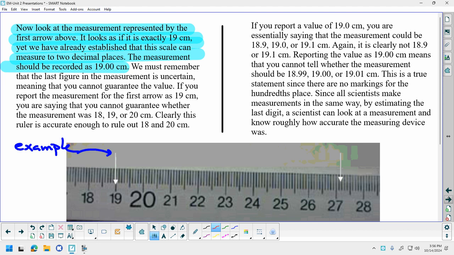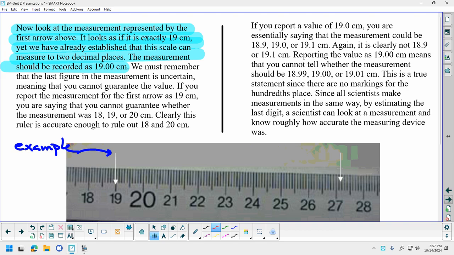Now, the other example on the left here, that arrow looks like it's right on top of the 19. So we already know from the previous examples that this centimeter ruler measures to the first decimal place. So we have to have that first decimal place in our measurement. And also because it's a power 10, we have to estimate the next value place after that. But it looks like we're right on top of the 19.